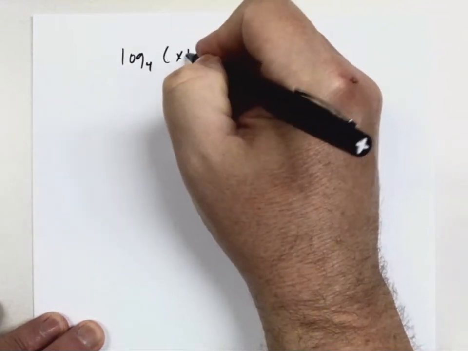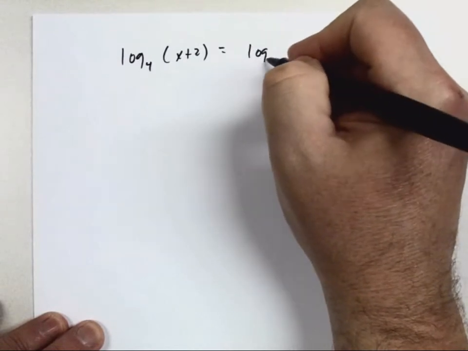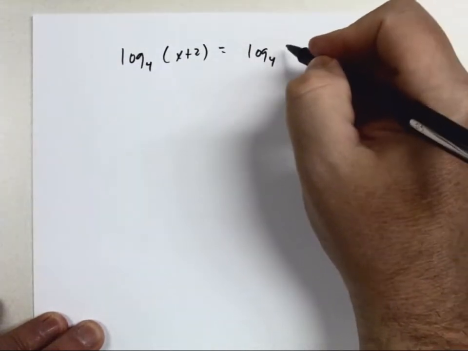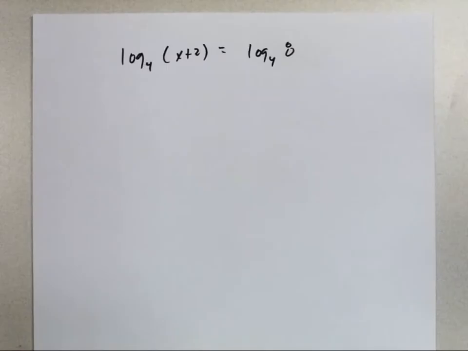Log base 4 of x plus 2 equals log base 4 of 8. Now as you look at this problem, as in most of math, there are other ways to solve it besides what I'm going to do.